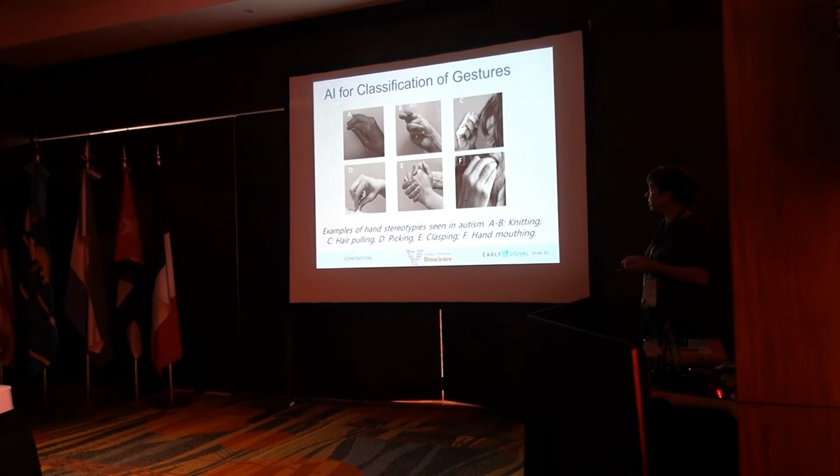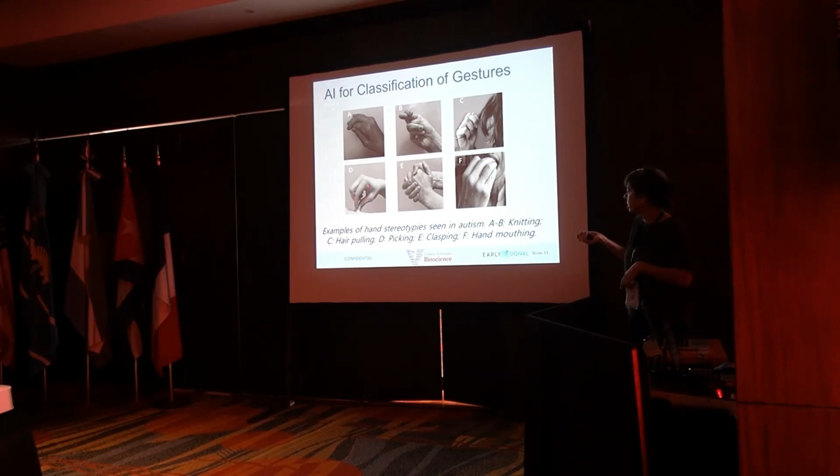So these are some of the gestures that we did. This is called knitting. This is a very abnormal behavior that kids with Rett syndrome, for example, will do. This is hair pulling, picking, clasping, and hand mouthing.